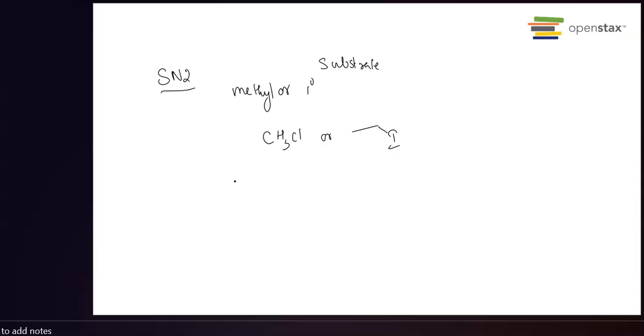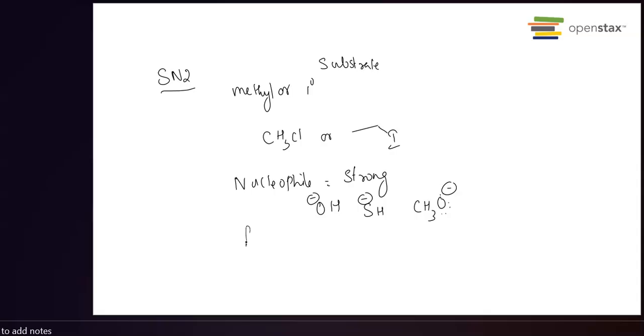A nucleophile which is strong, like negatively charged, is the preferred nucleophile for SN2 reaction. Examples are OH minus or SH minus. We have the alkoxide like CH3O minus.